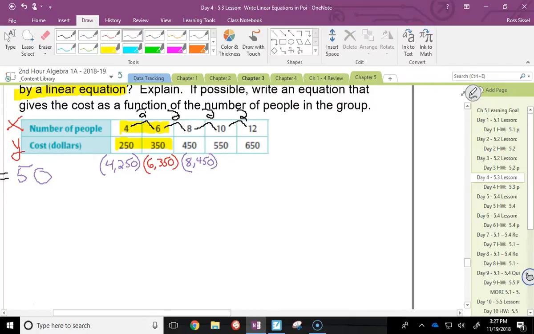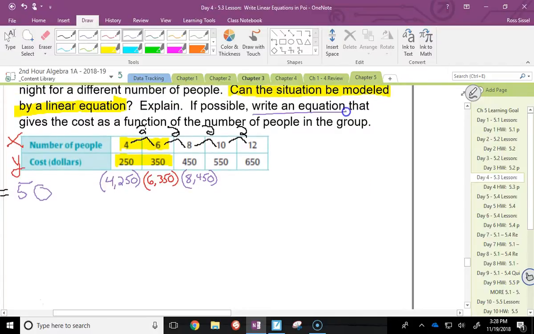We could continue on. We have coordinates. I could go ahead and graph this. I'd have my x be my number of people, my y is the total cost in dollars. And we would have a straight line. But the question's asking us, write the equation.